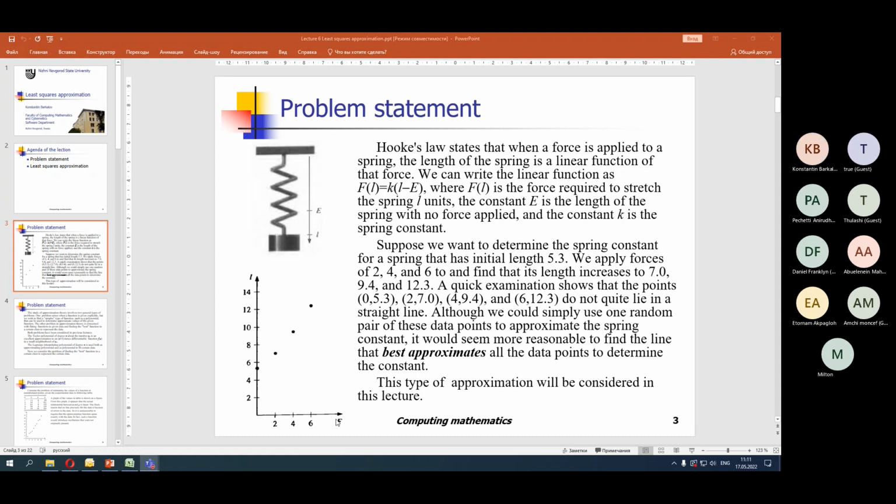When the force is 0, the initial length is 5.3, this point. When the force is 2, the length is 7. Force is 4, the length is 9.4. Force is 6, the length is 12.3. And these points do not quite lie in a straight line.